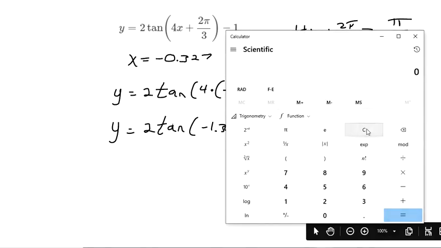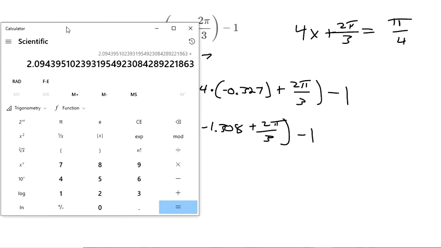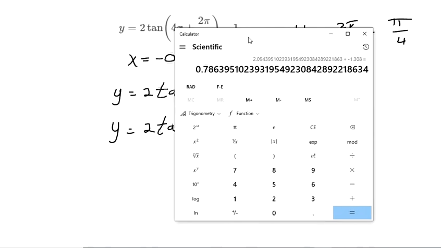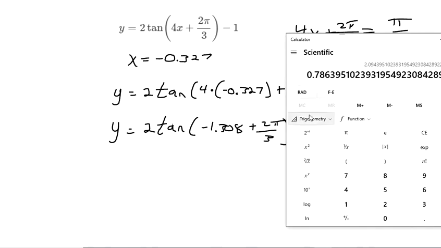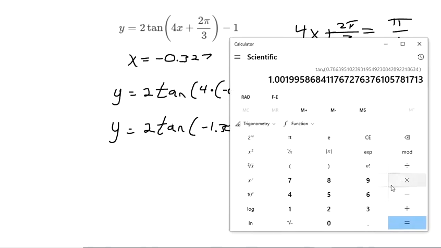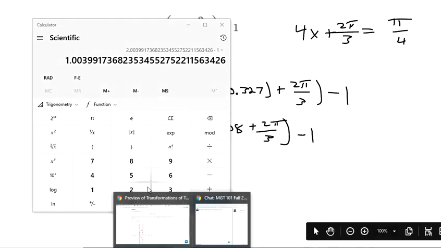So to figure out what that is, we're going to do 2 times pi, divide by 3, and then add the negative 1.308. Okay, so make sure you're in radians. This is what the inside of our parentheses simplified to be, so we can hit tangent, multiply that by 2 like the equation says to do, and then subtract 1 from this result. So at negative 0.327, we got approximately 1 for a y coordinate.